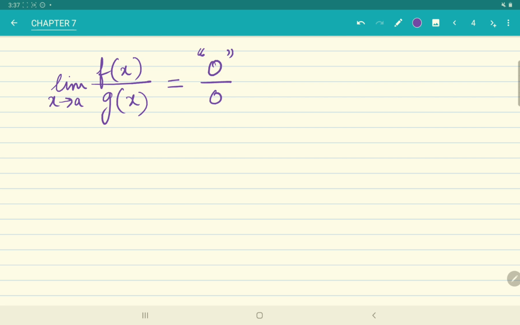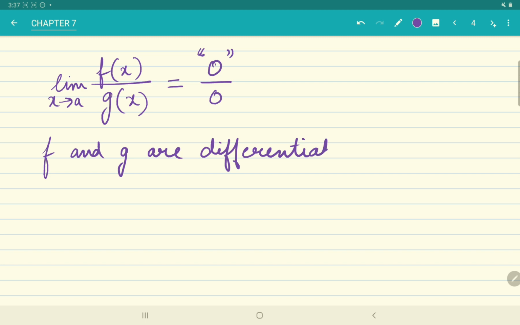Now here suppose both f and g are differentiable, so I write f and g are differentiable. Also in this case f of a is equal to g of a is equal to 0. So we know that this is the case. We start with an indeterminate form of this type.